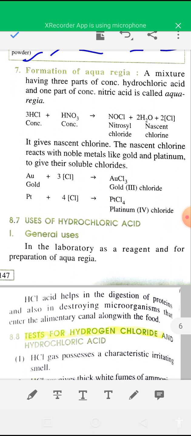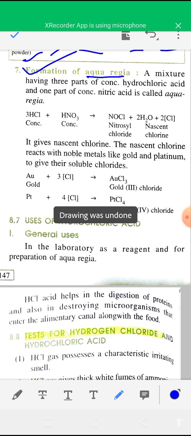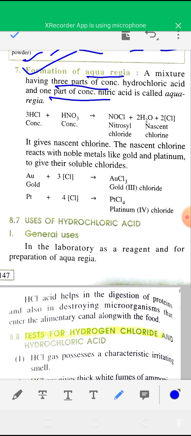Aqua regia, what is aqua regia? Aqua regia is a mixture of 3 parts hydrochloric acid and 1 part concentrated nitric acid. So hydrochloric acid forms aqua regia, a very important chemical. That is 3 HCl plus 1 HNO3.